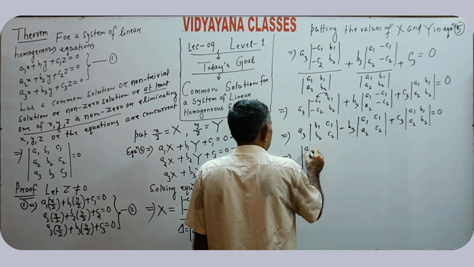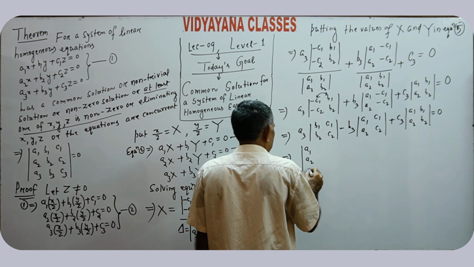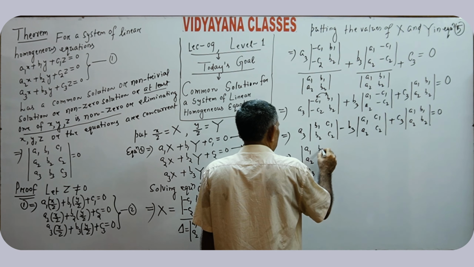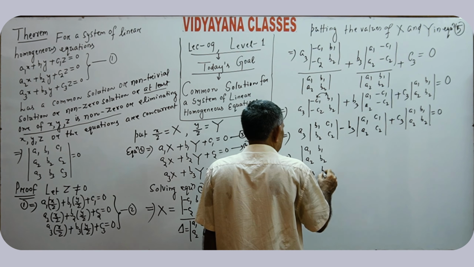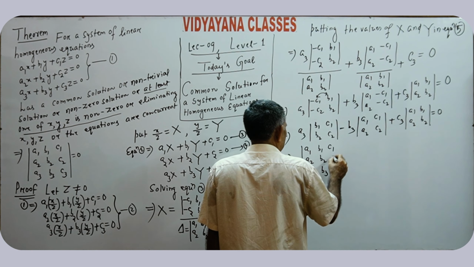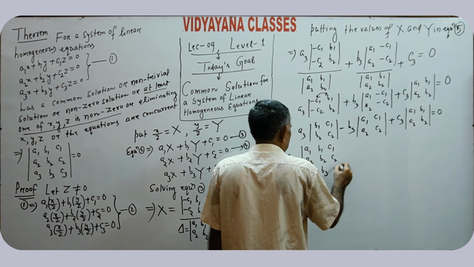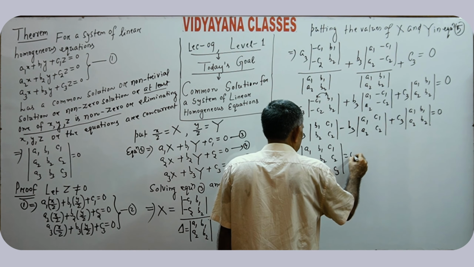Which implies the determinant having elements A1, A2, A3, B1, B2, B3, C1, C2, C3 is equal to 0.